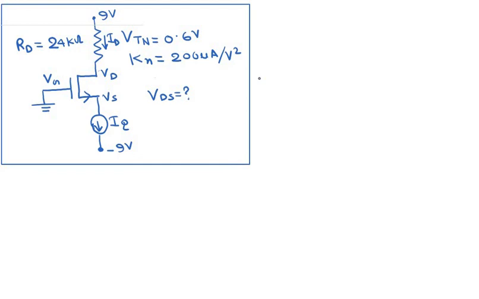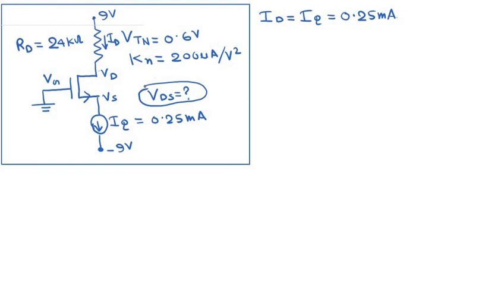So the drain current, which is equal to the source current, must also be IQ. So ID is equal to IQ, and IQ is given to be 25 milliamperes, so 0.25 milliamperes, and you are asked to find this value of VDS.